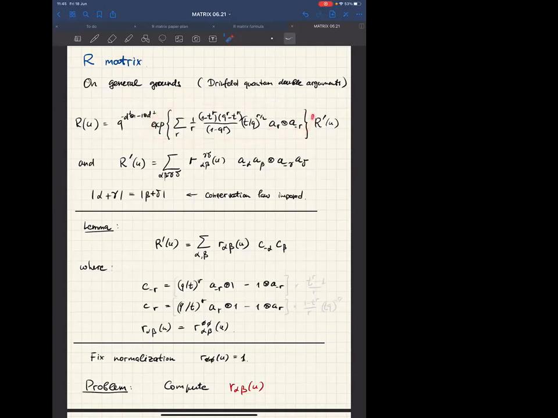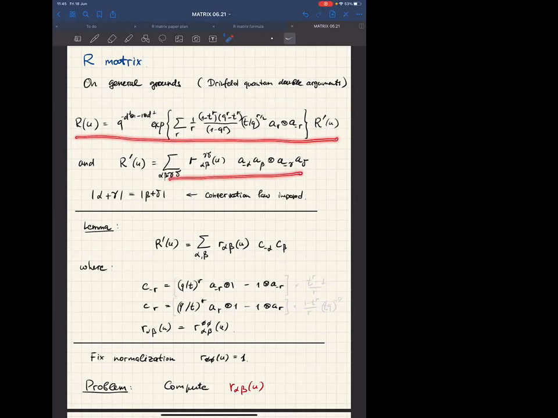And what remains is an object that depends on the spectral parameter. This is the most interesting part, and this object can be expanded in the Heisenberg operators. This is a general expression that R prime of u can satisfy, so we're looking for the R-matrix in this form.